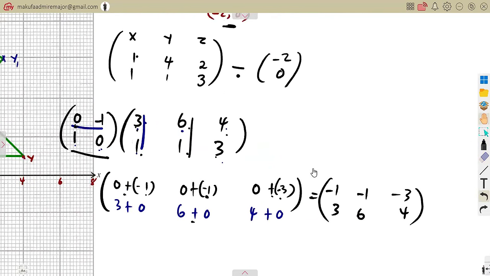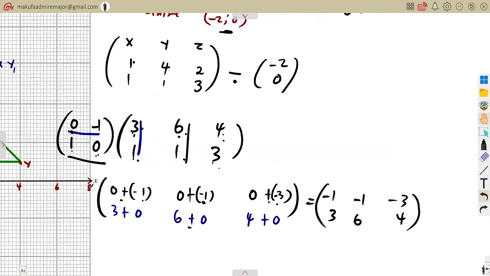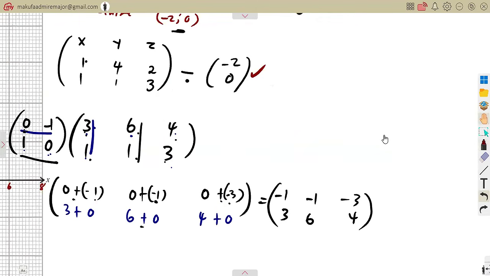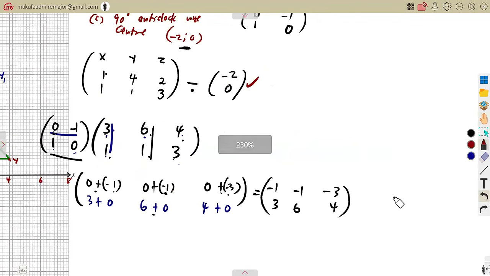So this is not our image, no. This is the image at center 0, 0, not at center minus 2, 0. Remember, you removed the center before, so you must add that center that you removed. So adding minus 1 to minus 2 gives us minus 3.